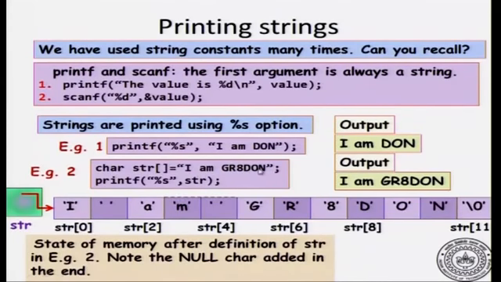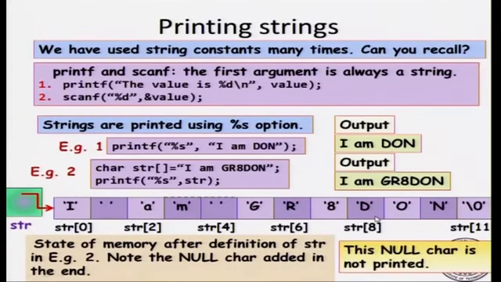Even though the double quotes ended just after n, when you stored it in an array, there is an implicit null that is inserted at the end of the array. So when you print it, it will print until the null character. The null character itself at the end of a string is not printed when you print it using %s.